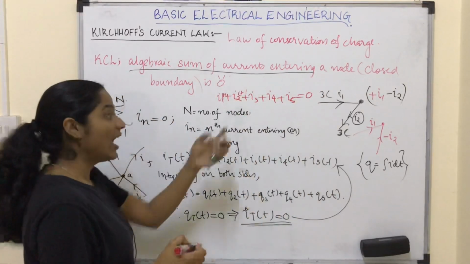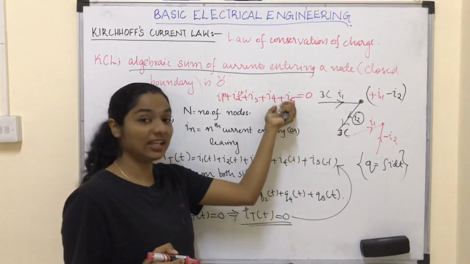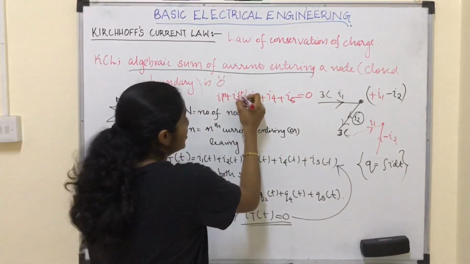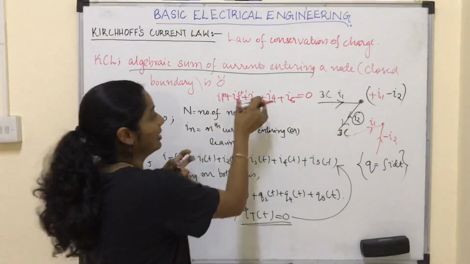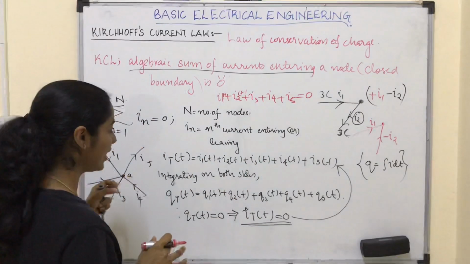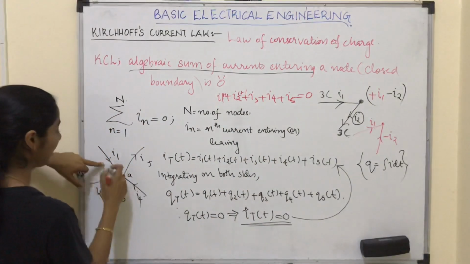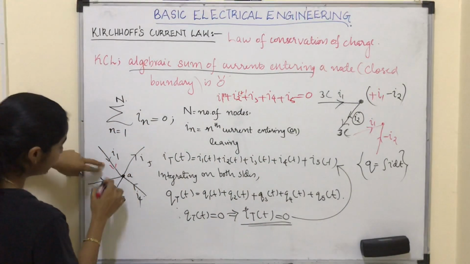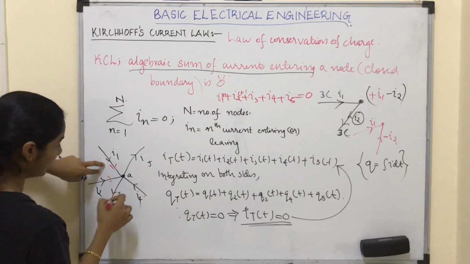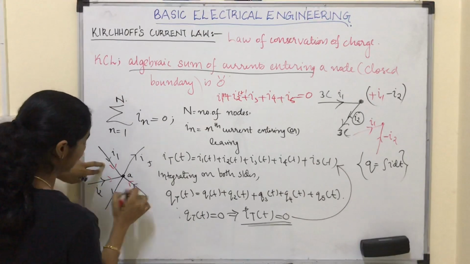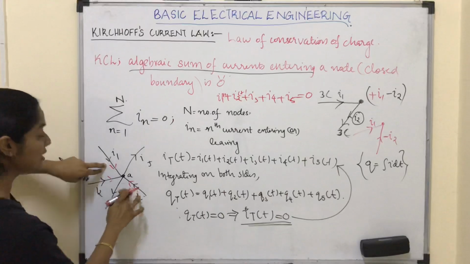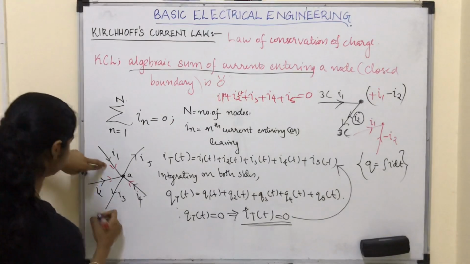Okay, and here I didn't take the algebraic sum. If we are considering the algebraic values, I1 is entering, I2 is also entering, I4 is entering. These 3 currents I am taking as positive.